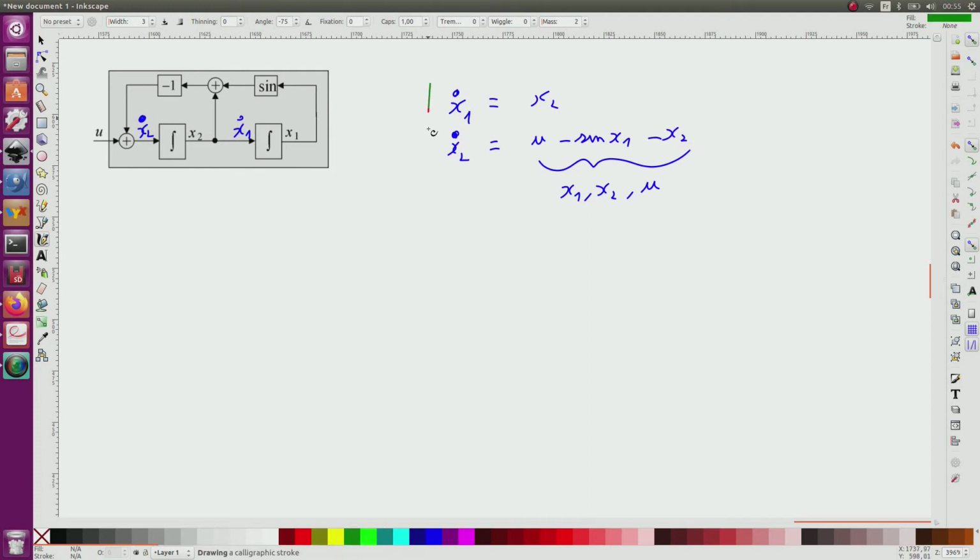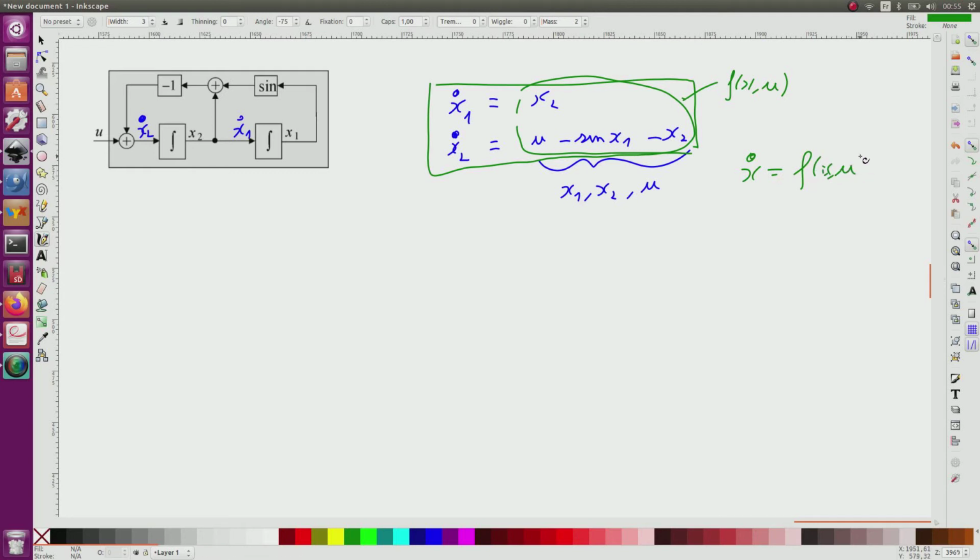So this corresponds to the state equation of my system, and this is the evolution function f of x and u. So with this, I have x dot equal f of x and u, which is a state representation of the system.